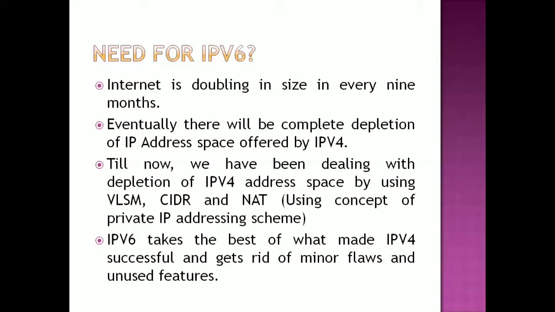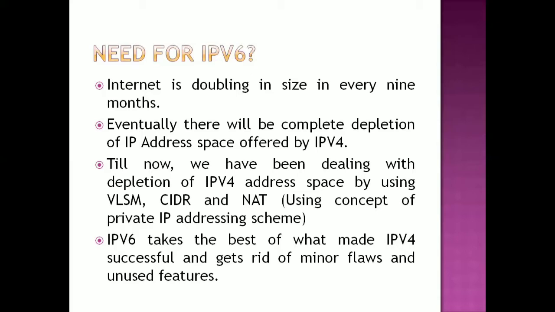As we know, the Internet of Things concept, the IoT concept, will be effective in the fifth generation of mobile cellular technology, and that fifth generation, or the IoT concept, requires a very large number of IP addresses. That can only be achieved by the 128-bit field of the IPv6 addresses.